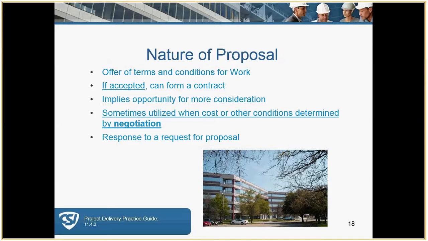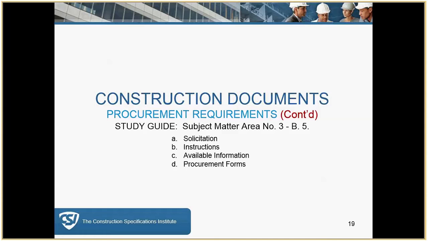Again, note the clarification of terms used by CSI, AIA, and the EJCDC about bid versus proposals. You'll hear those terms intermixed, and if you're not working specifically with AIA or EJCDC, different contracts may use different terminology.